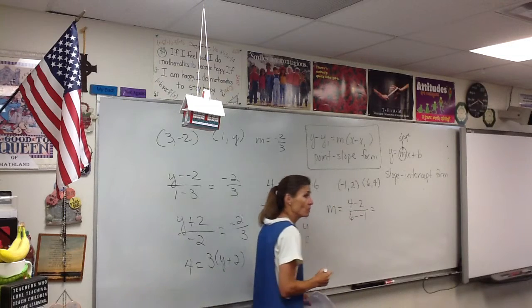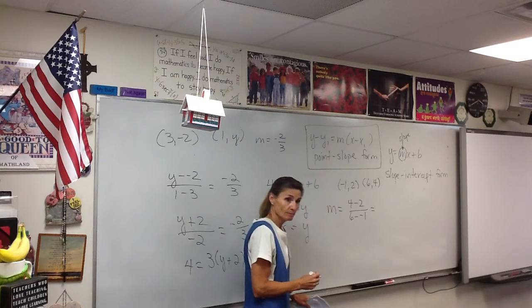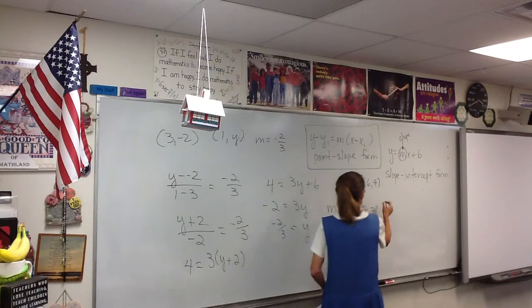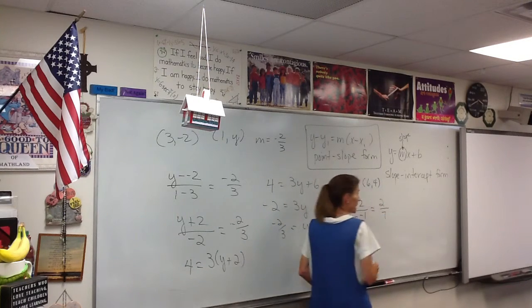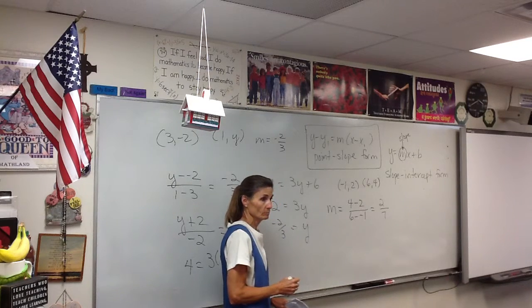Oh, yucky. It's going to be a fraction. But that's okay. I get 2 over 7 as my slope. Okay?